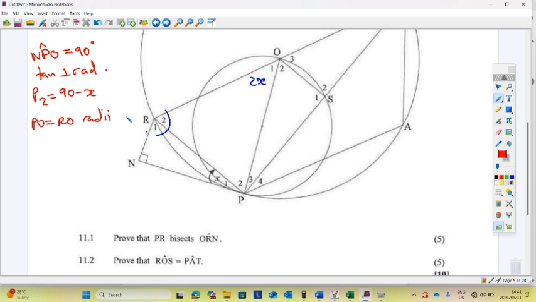PO and RO. With this one, we are declaring that it's an isosceles triangle, and it follows that P2 is equal to R2, and that is equal to 90 minus x.